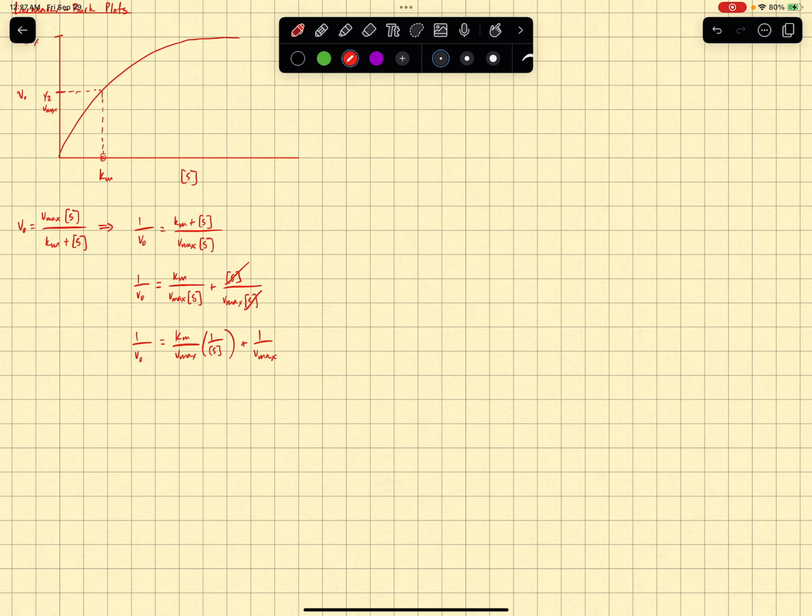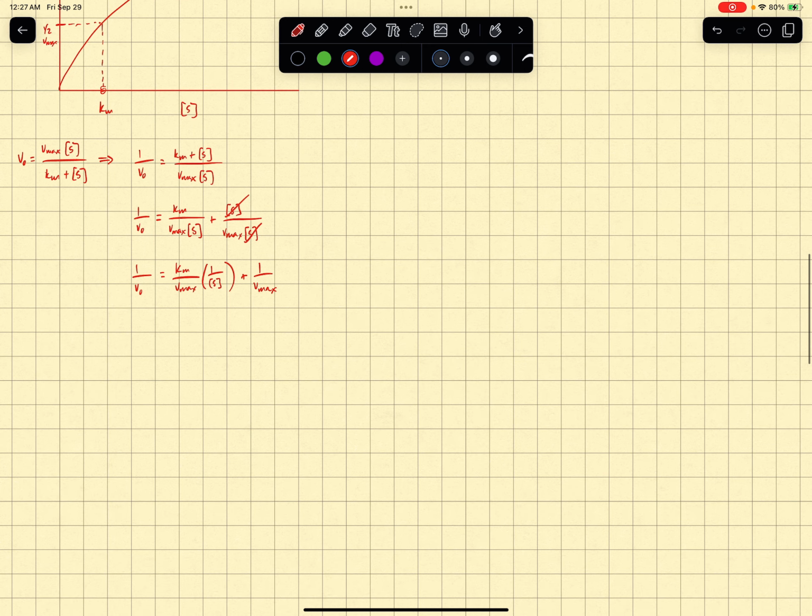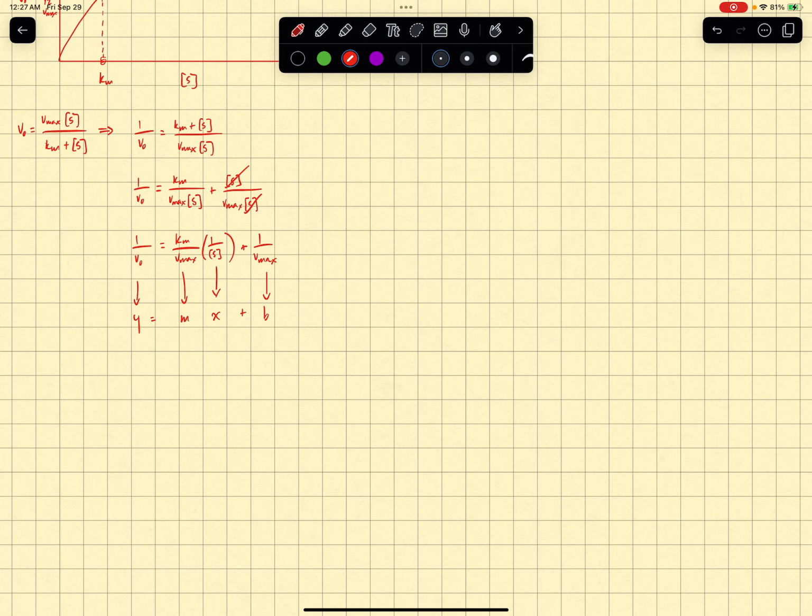The reason I pulled it out is just so that it takes the form of the equation y equals mx plus b. So we know that our y-intercept is going to be b, so this is our y-intercept, 1 over V max. To solve for our x-intercept, we'll set the y value equal to 0. So 0 is going to be equal to Km over V max times whatever x-intercept we're at plus 1 over V max.